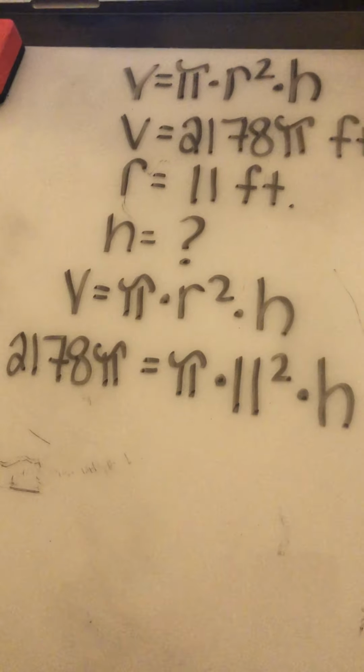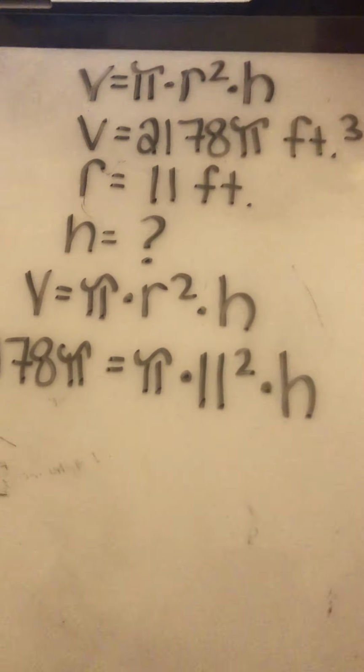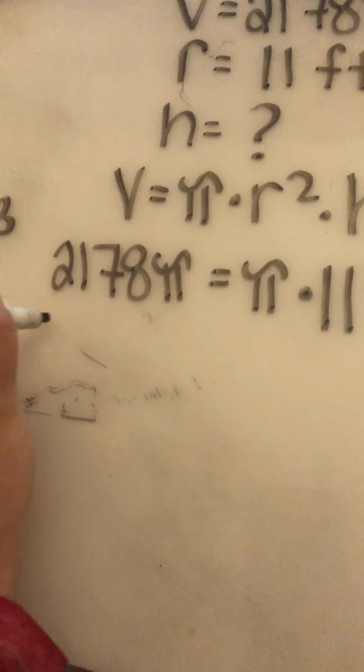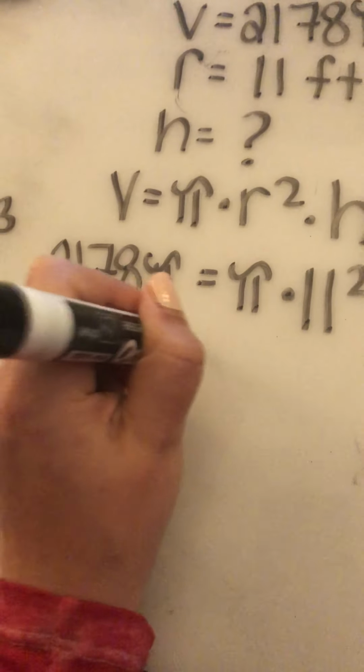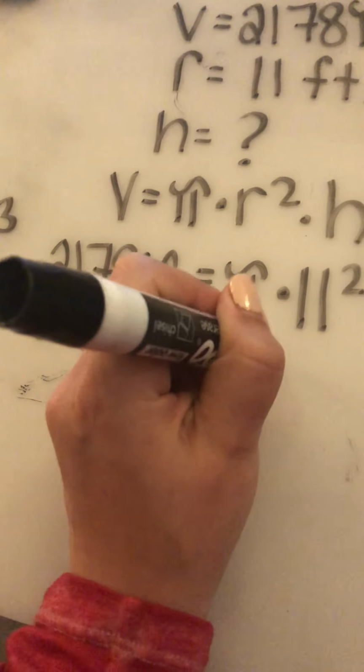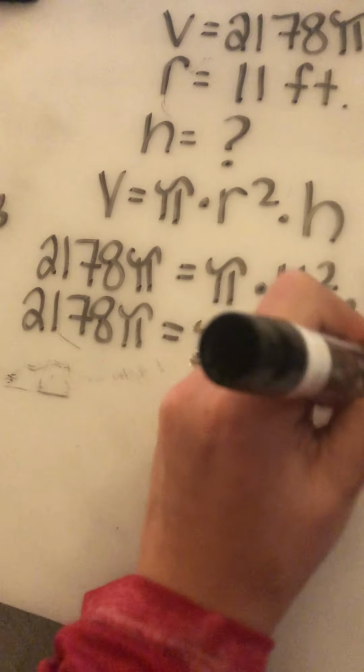Now, same as before, we're going to do our exponents first. We should always follow order of operations, exponents come first. So 11 squared, we'll figure that out. I'm going to rewrite 2,178 pi equals pi times 11 times 11 is 121 times the height.